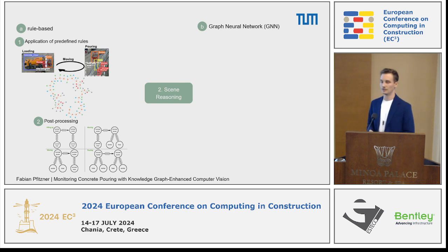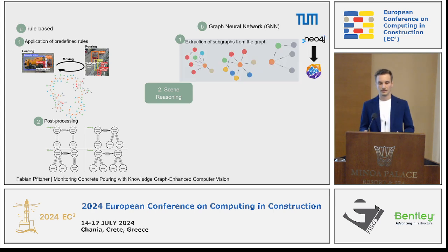So on the other hand, for the graph neural network, we need to first think, okay, how are we representing our data? And we extracted subgraphs from our data from the graph database. So in this case, we used Neo4j, each subgraph representing a scene in our process.